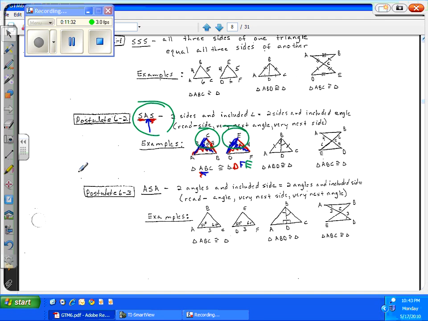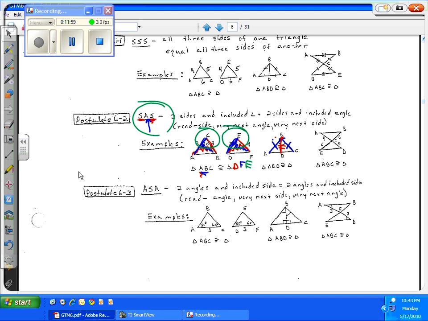When we look at this next triangle, we have that side BA is equal to side BC. That was given by the 1 mark, 1 mark. BD of the triangle on the left is equal to itself, BD of the triangle on the right, by reflexive property.